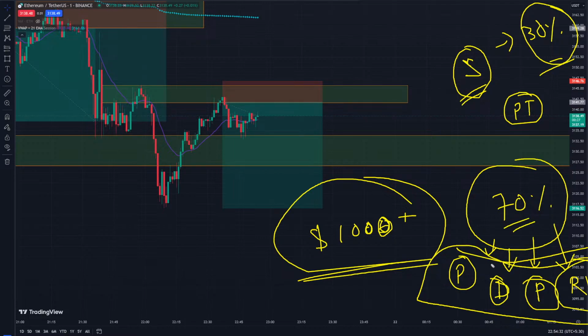I can keep on going, but as I told you, there are many things, and the 70% is still there. Even if you know this strategy, you still can't make money out of this. So that is the thing.